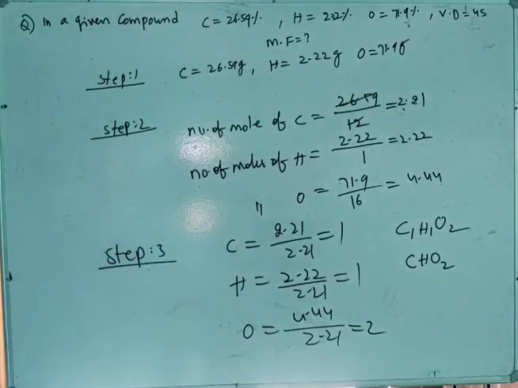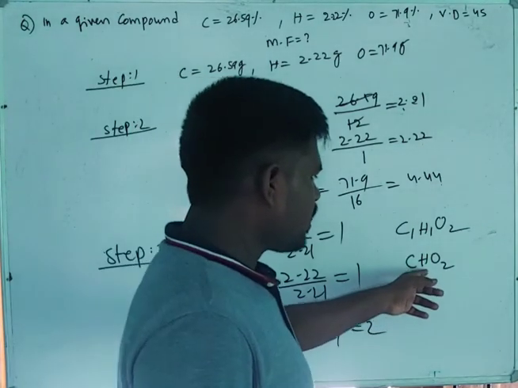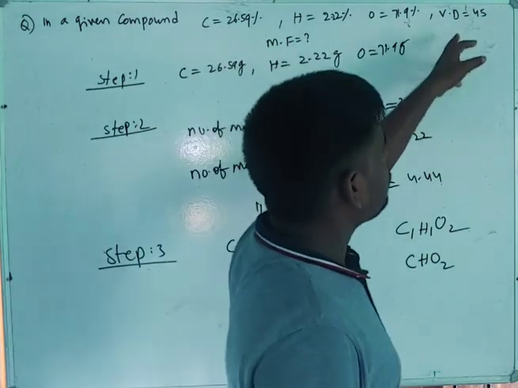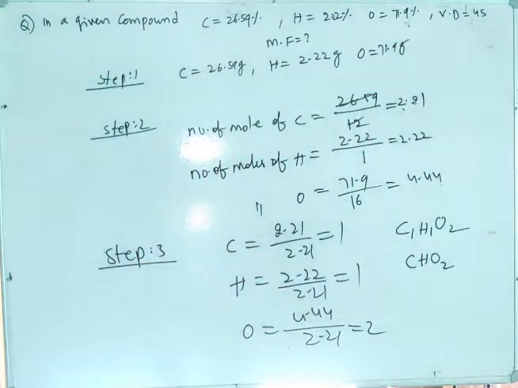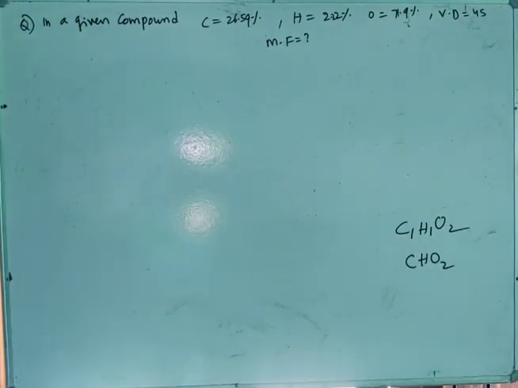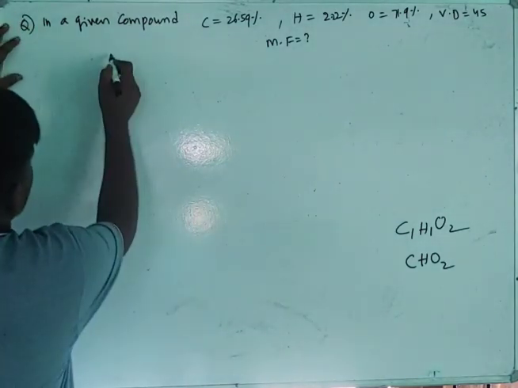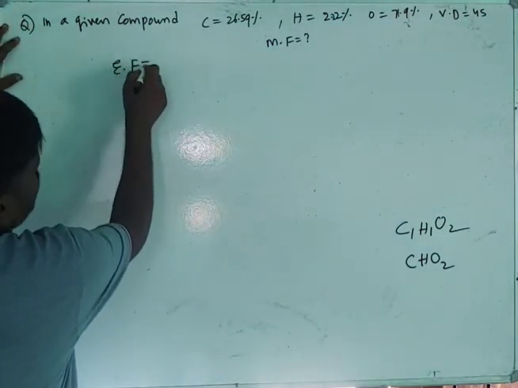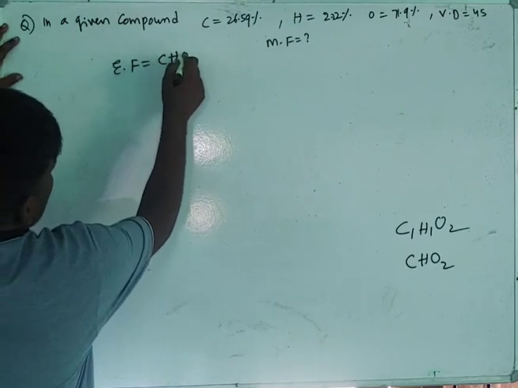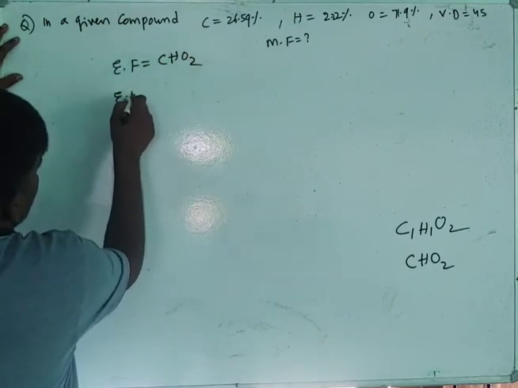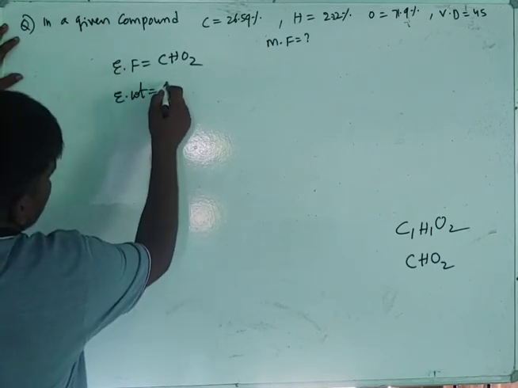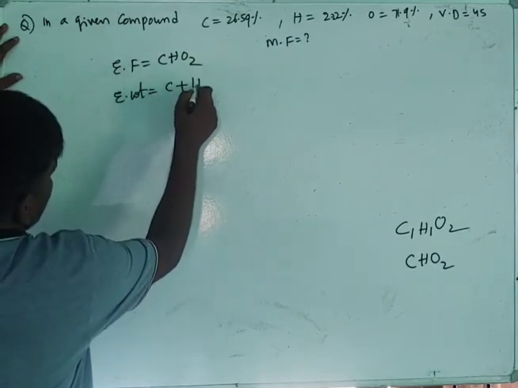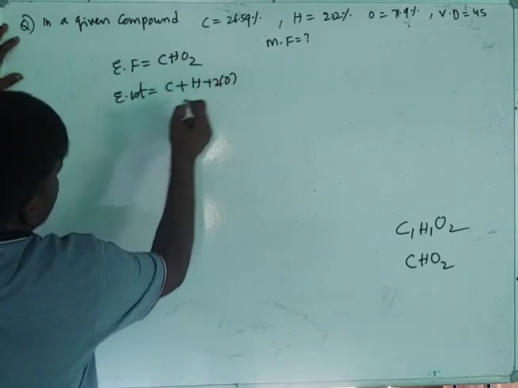So next, what should we do? We should find the empirical weight, and after that we should find the molecular weight from the vapor density. Okay guys, so here the empirical formula is CHO2, and the empirical weight or mass is: 1 carbon, 1 hydrogen and 2 oxygens.